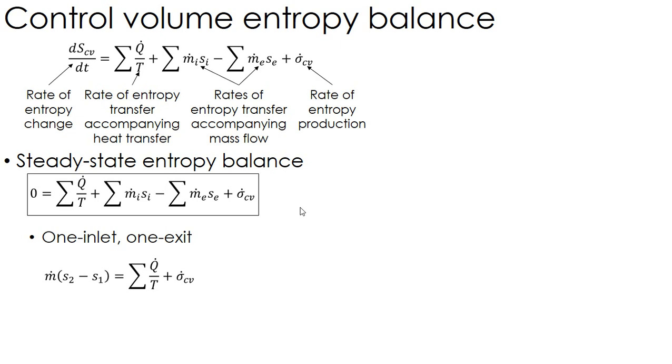So you've got mass flow times that change in entropy equals, again, the entropy due to the heat transfer, and then any entropy production. A very common case for us is one inlet, one outlet, and I can rearrange that so the equation looks really similar to the closed system, just dealing with lots of dots because I have rates of change with the mass flow and things of that nature.